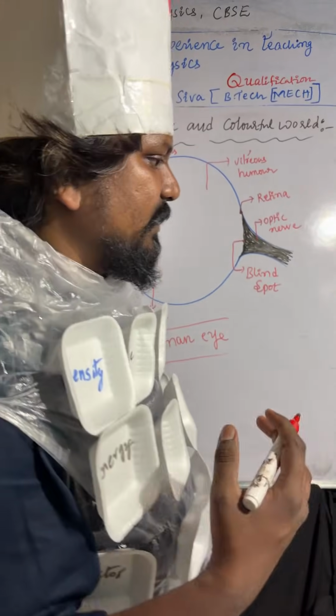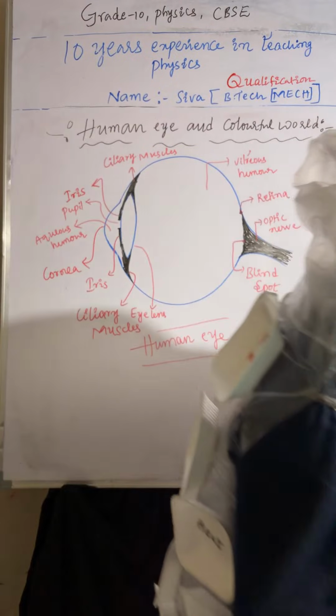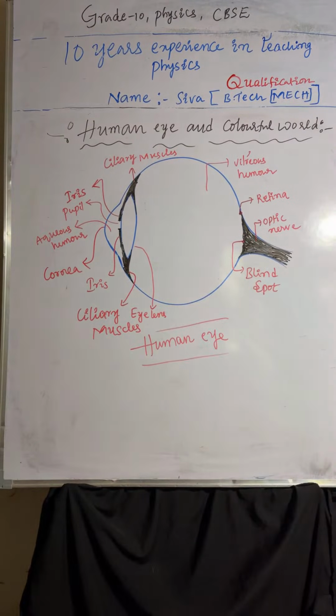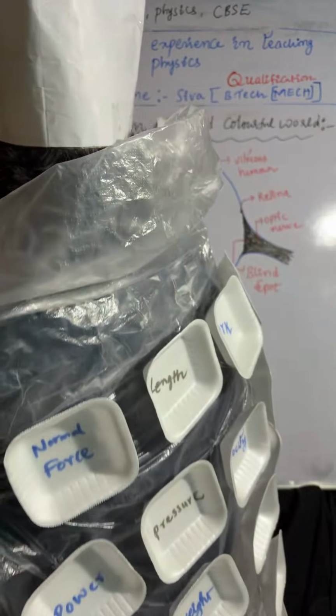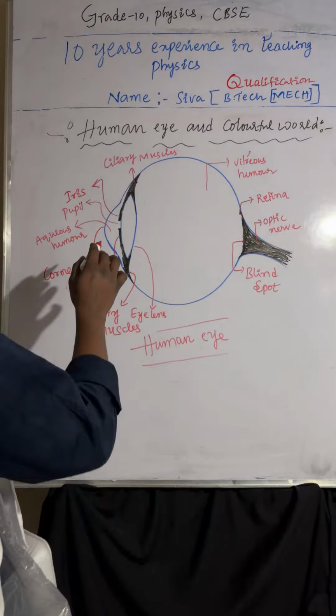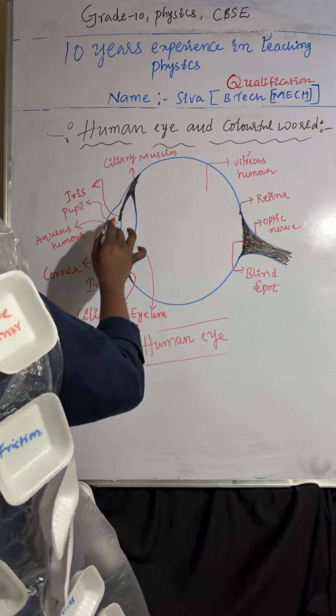First part is the cornea. Cornea is the front layer, the protective layer of the eye, where most of the refraction takes place. This is the cornea, this bulbar surface. And coming to here, the aqueous humor.